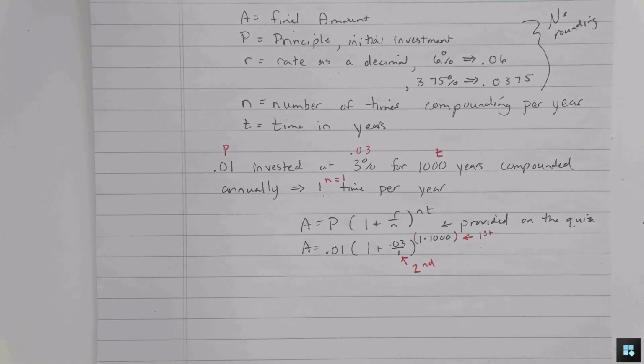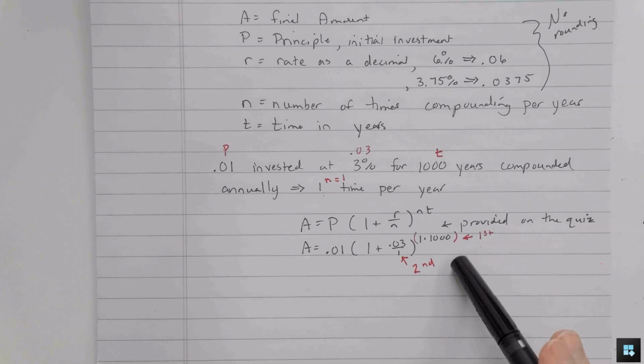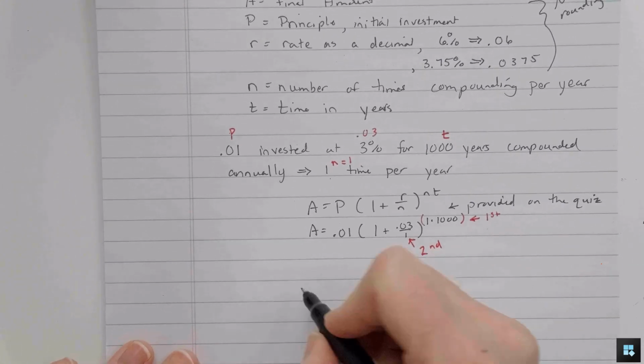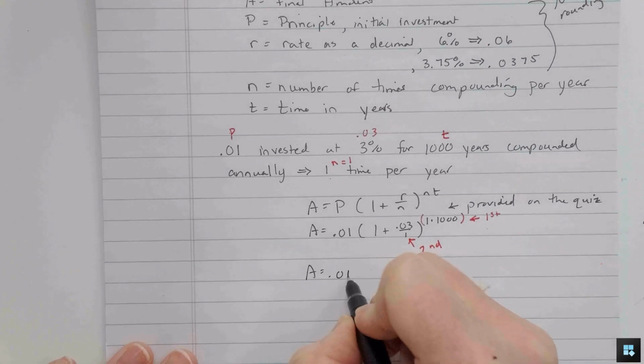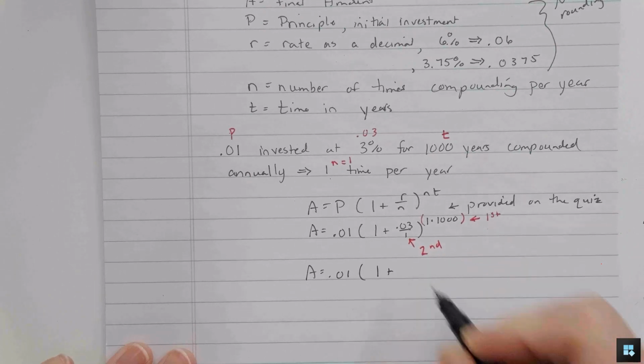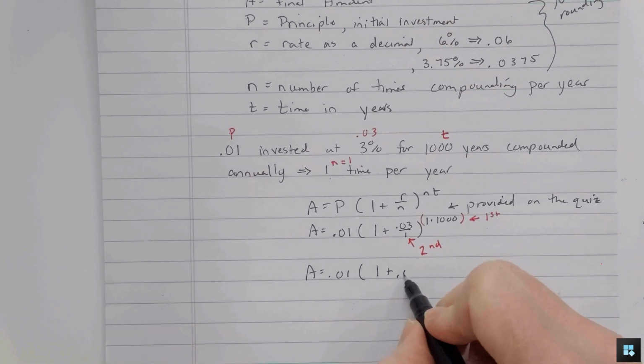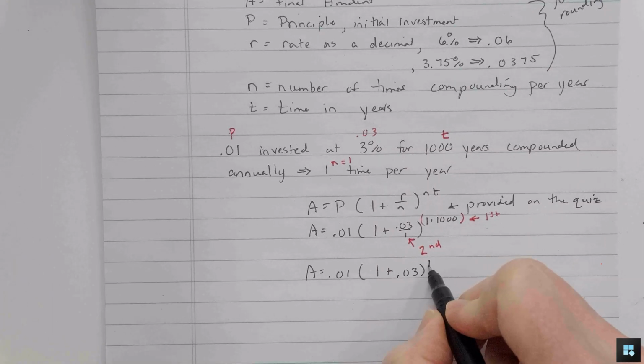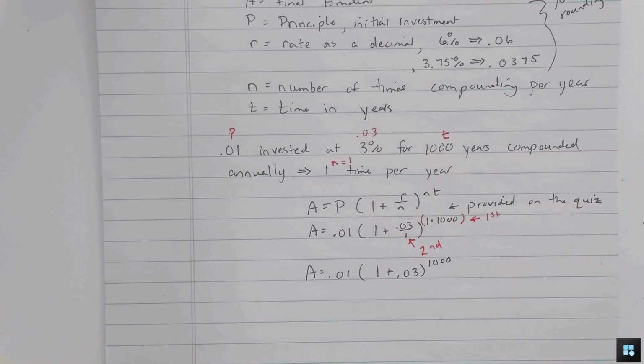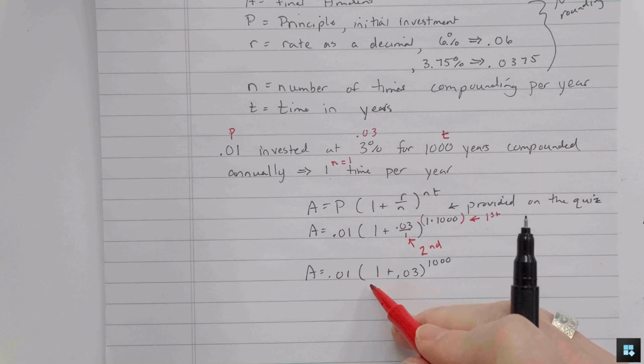So we want to get the exponent figured out. We want to get this division figured out. In this case, it's easy because we're just dividing by 1 and multiplying by 1. But we'll write all the steps down so that when it's not so easy, when N is a different number, we'll know what order to do these steps in. Okay? So first do the exponent, then do the division, next do this addition.